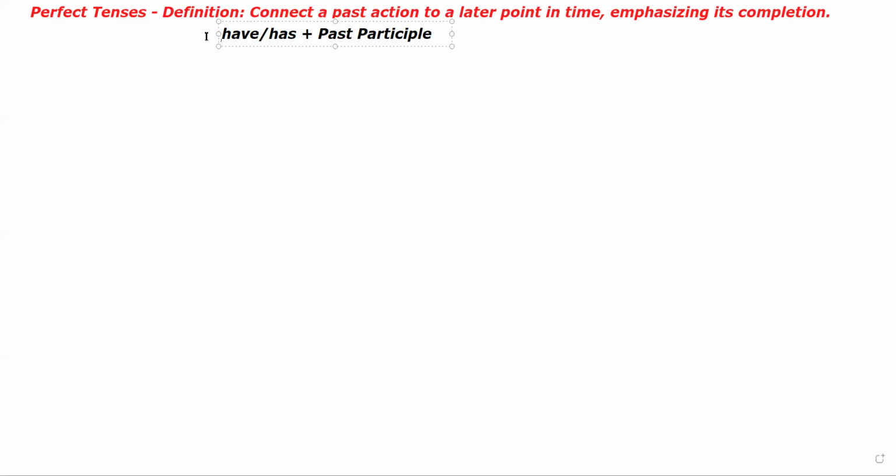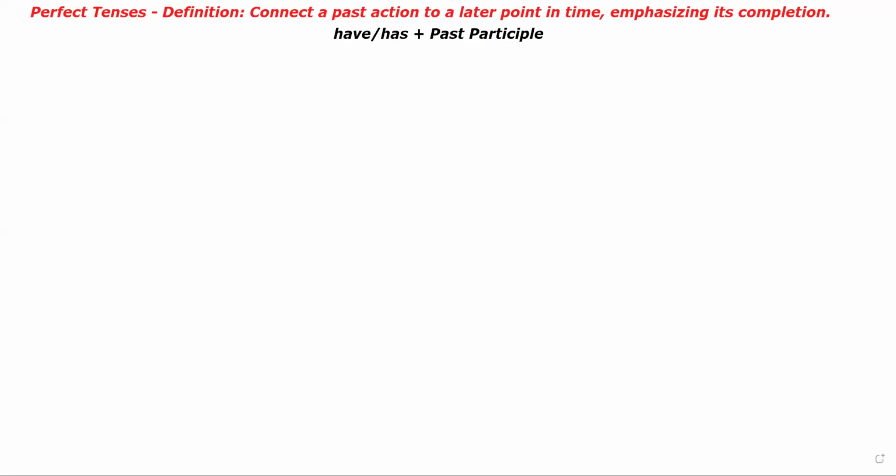Now, do you remember the rule when to use have and when to use has? Have is for I, you, we, and they. That's very general. And has is for he, she, or it, third person. That's the general rule. Now we're going to talk about the first perfect tense.